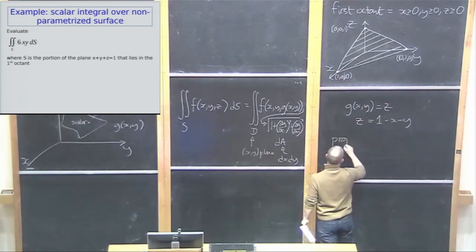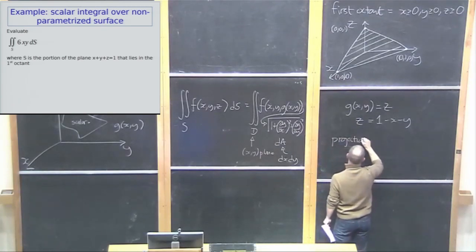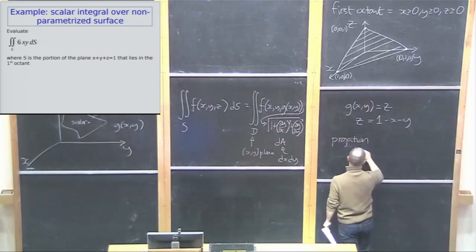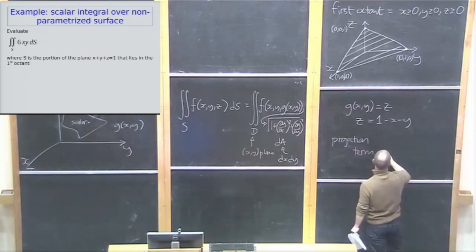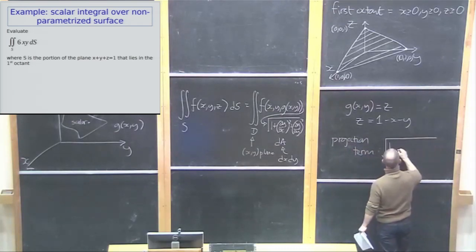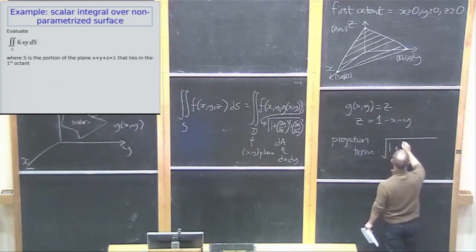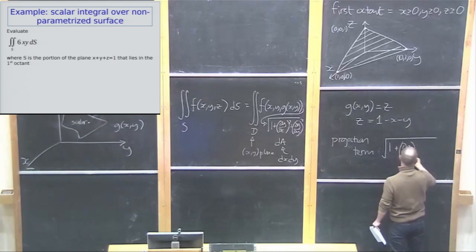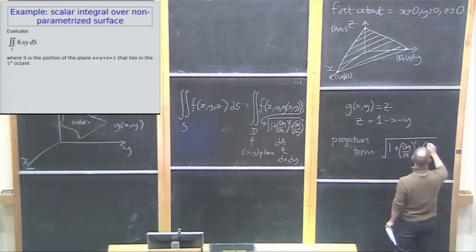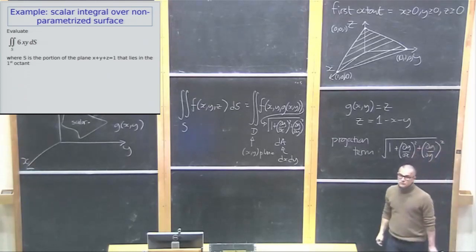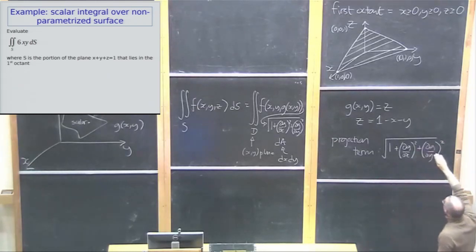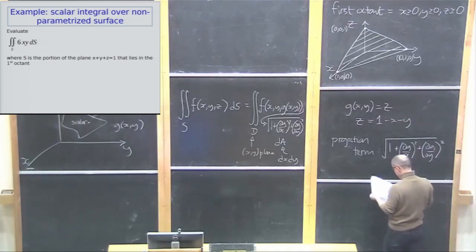So our projection term is going to equal the square root of 1 plus dg/dx squared plus dg/dy squared. So that's the term that tells you about the projection of this plane down onto the xy plane.